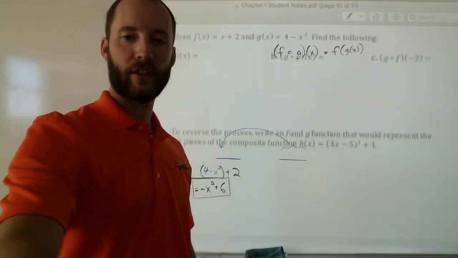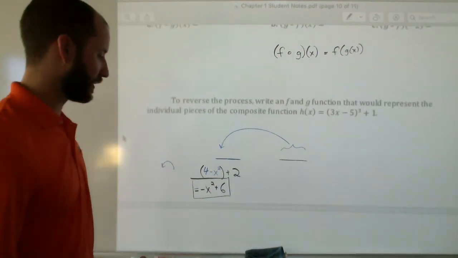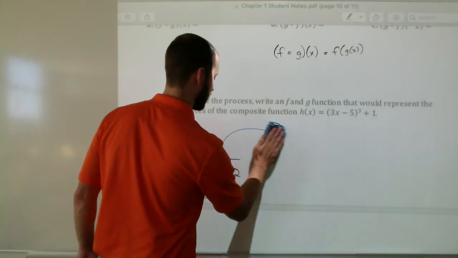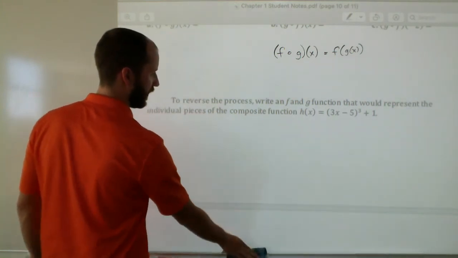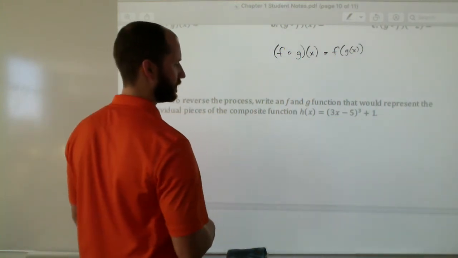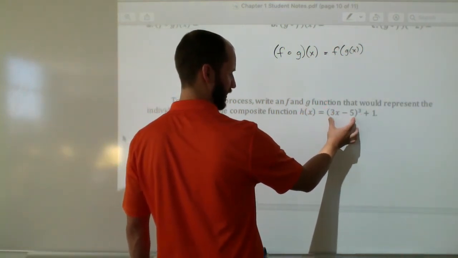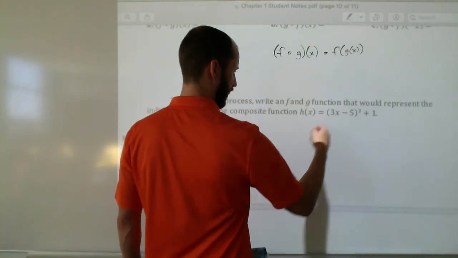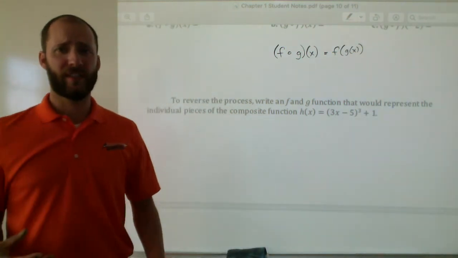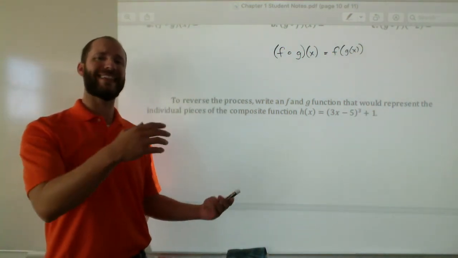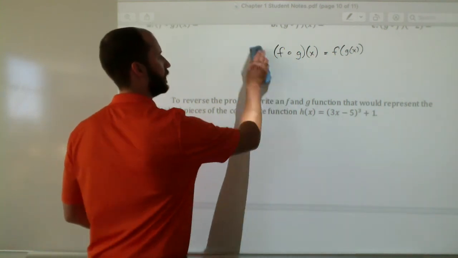And the last little bit we have here, this is kind of cool, a little bit of reverse engineering. You start with h of x. Start with a composite function. The quantity 3x minus 5 to the third, plus 1. So you think to yourself, okay, what got plugged into this problem?